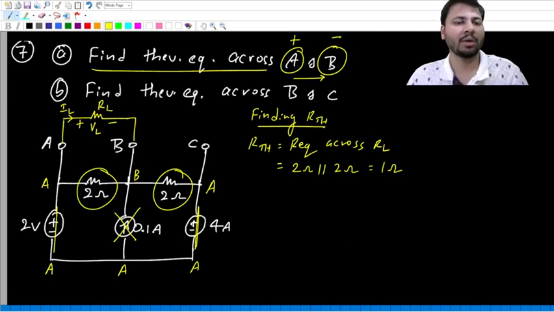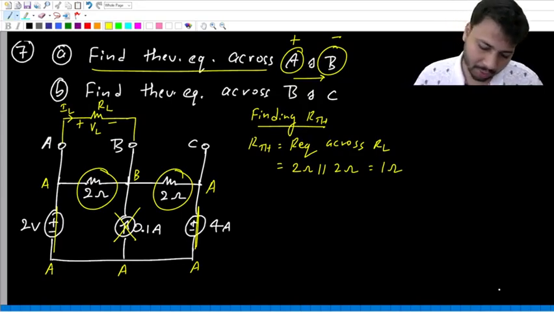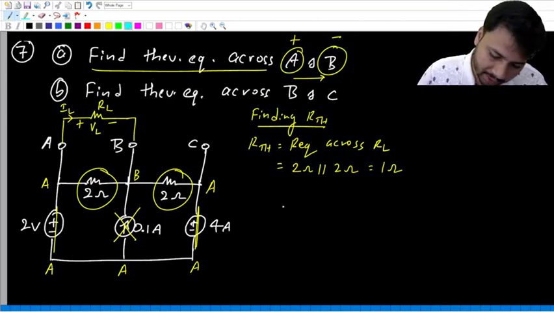Okay. Now let us find the Thevenin voltage. What is the Thevenin voltage? It is the open circuit voltage across the load. Okay. We just redraw the network.